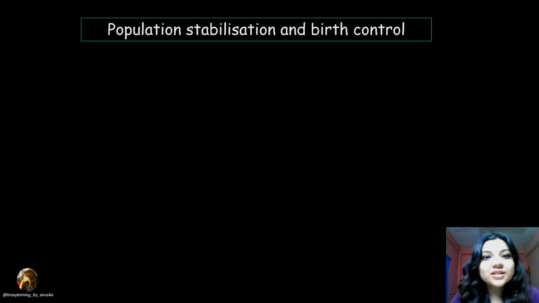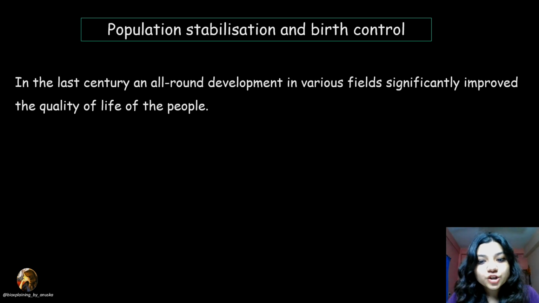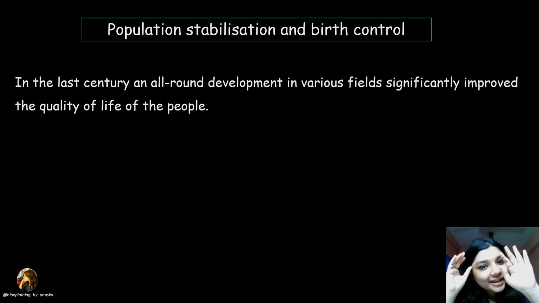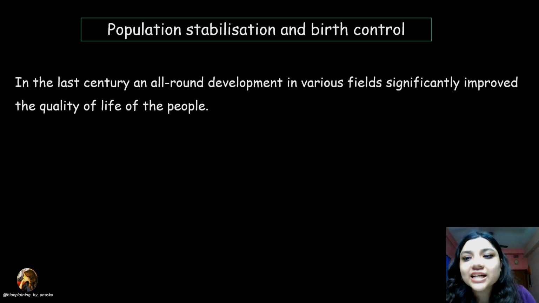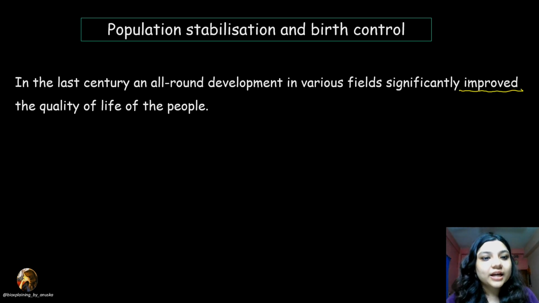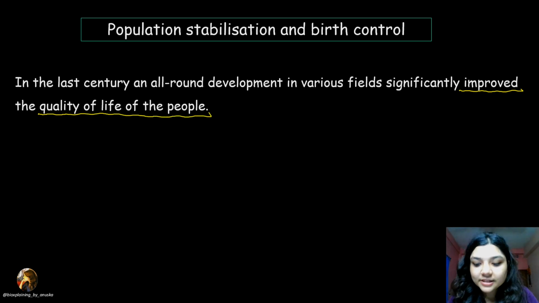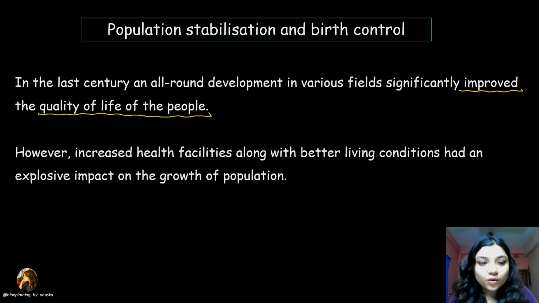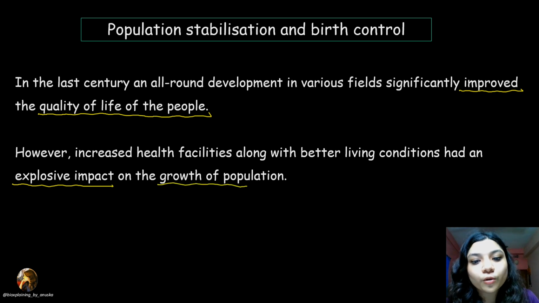Well, so now let's discuss population stabilization and birth control. In the last century there has been an all-round development in various fields, medical health, reproductive health care facilities, newborn child care, whatever it is. In all areas there has been a significant improvement, and the quality of life of the people has increased, right? But with increased health facilities along with better living conditions, it has had an explosive impact on the growth of population.